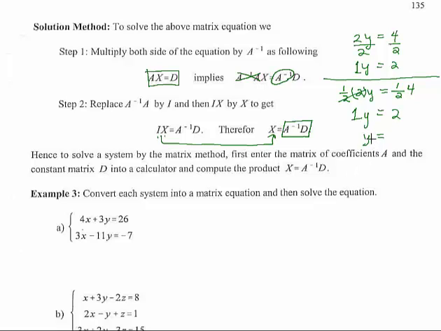So we have our variable by itself, y, and we have our answer here that's easily computed with real numbers. 1/2 times 4 is 2. But in the case of the matrices, we're going to have to multiply this in our calculator. We can't just do this in our heads. So the answer is easier to get when you're dealing with a single equation and real number coefficients. A little difficult with matrices, but the method is pretty much the same.